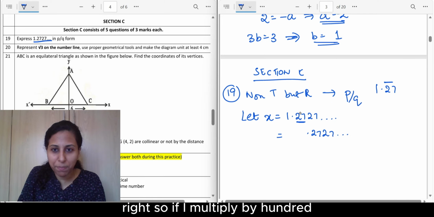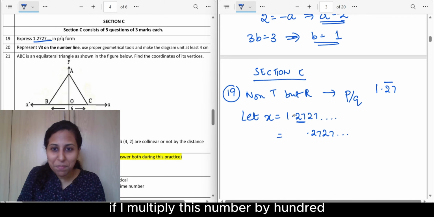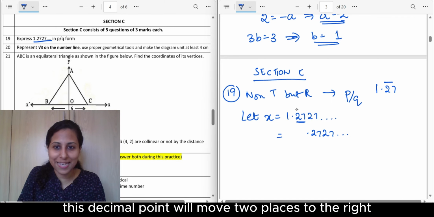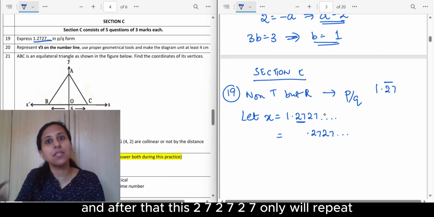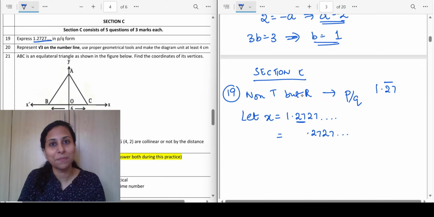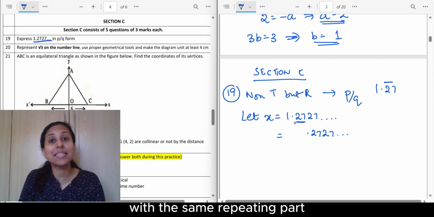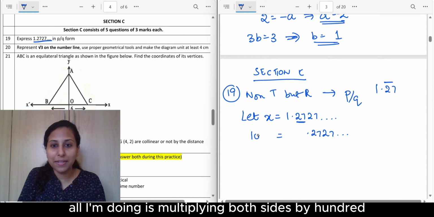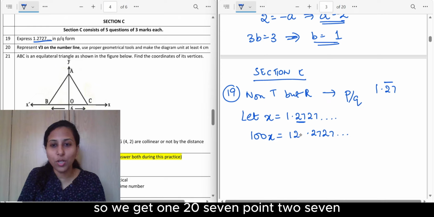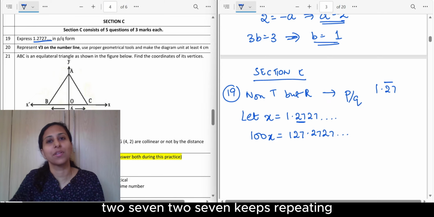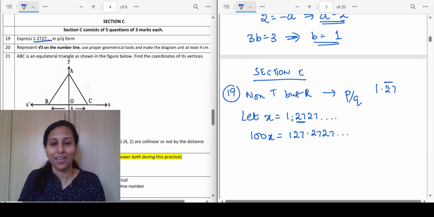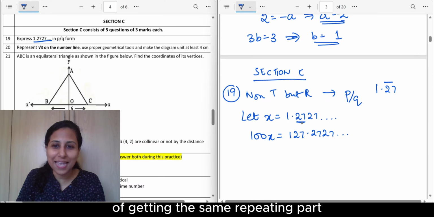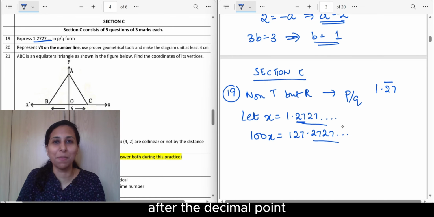So if I multiply this number by 100, this decimal point will move 2 places to the right. And after that, this 272727 only will repeat. So I'm getting another number with the same repeating part. All I'm doing is multiplying both sides by 100. So we get 127.272727 keeps repeating.